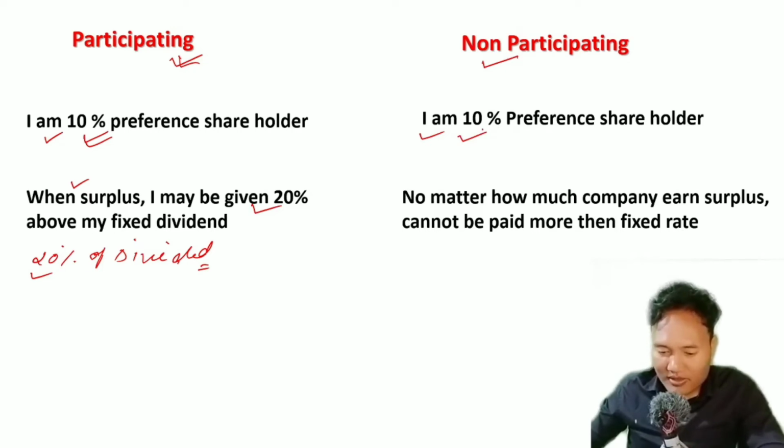It means the rate of dividend will always remain fixed. No matter how much profit or surplus the company earns, it doesn't matter. Their rate of dividend will always remain fixed. So this is the difference between participating and non-participating preference shares.